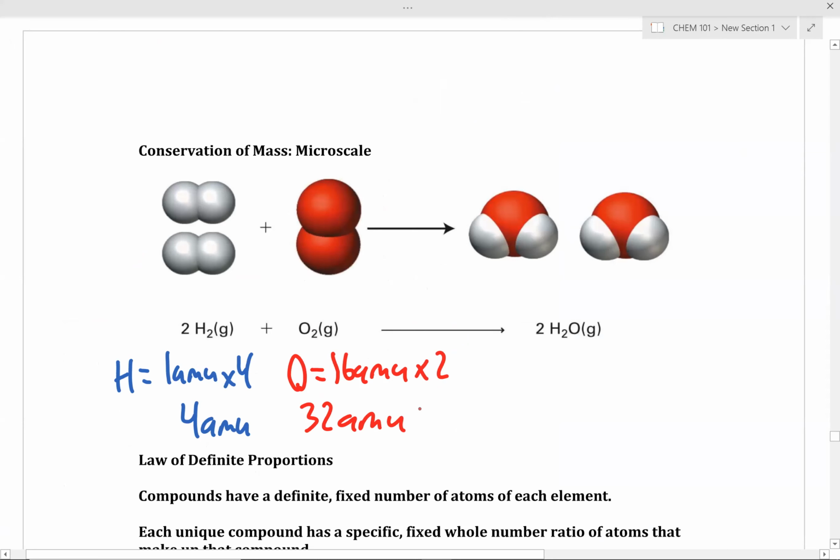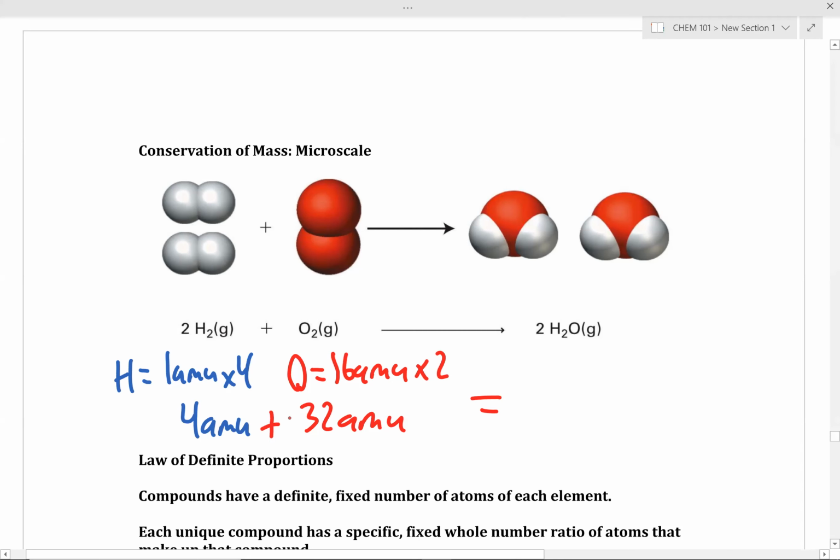Now, without doing any calculations, what I'd like you to tell me is, what is the total mass of water that we generate? The total mass of both of these water molecules, just using conservation of mass. Would anyone like to volunteer? What was that? 36. 36, exactly.